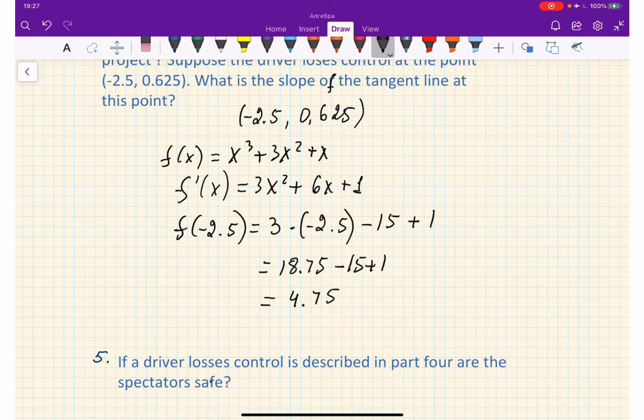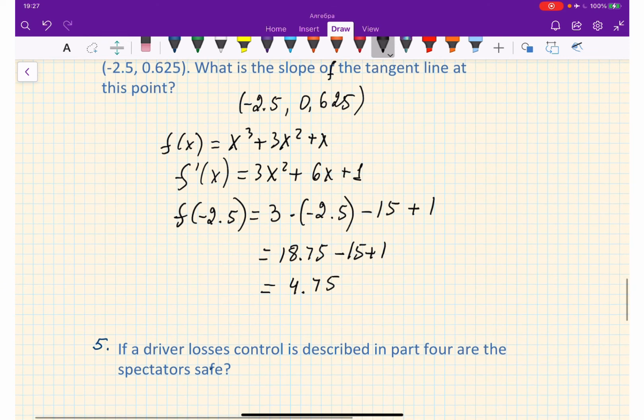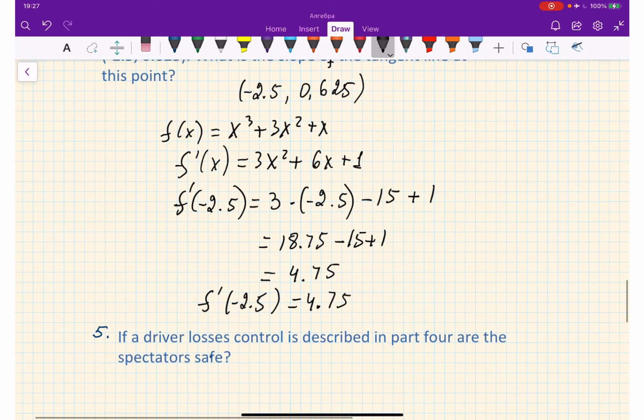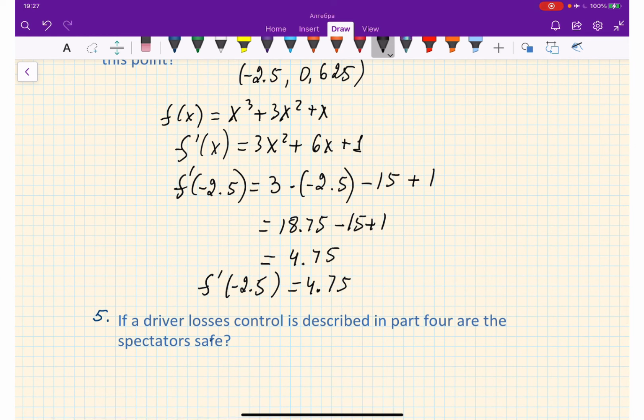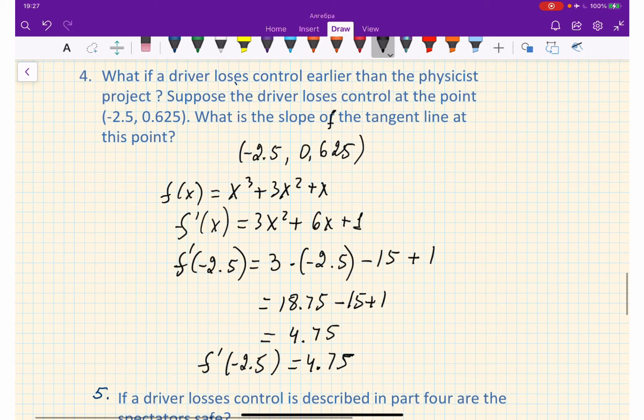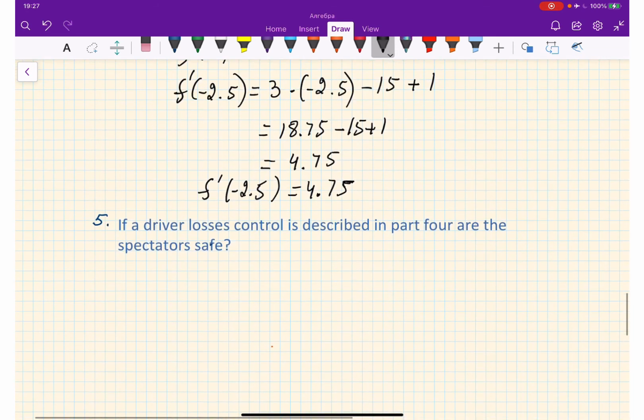So the derivative at negative 2.5, let me put it here, is equal to 4.75. Okay, so what's the slope? We already found the slope.